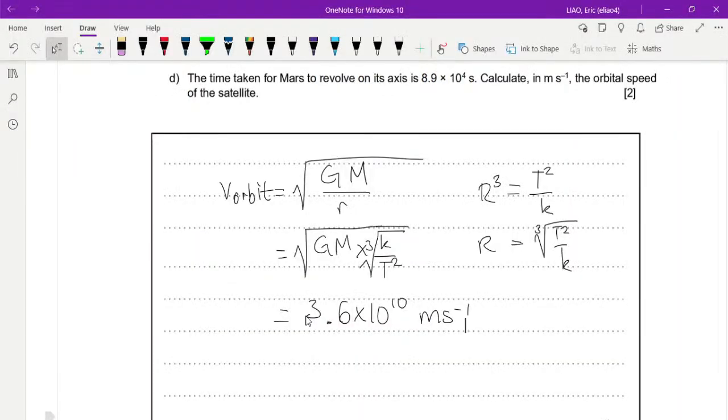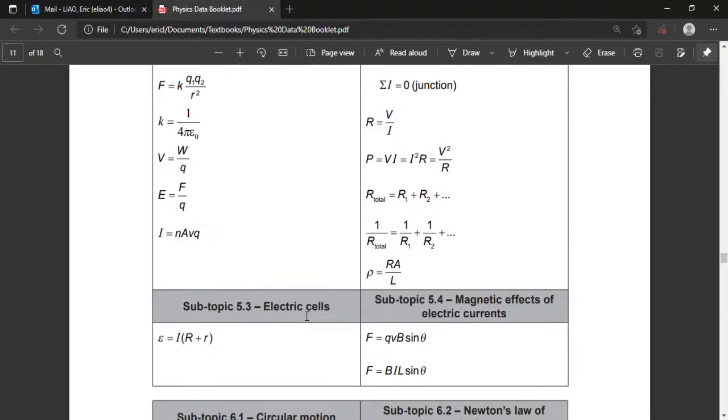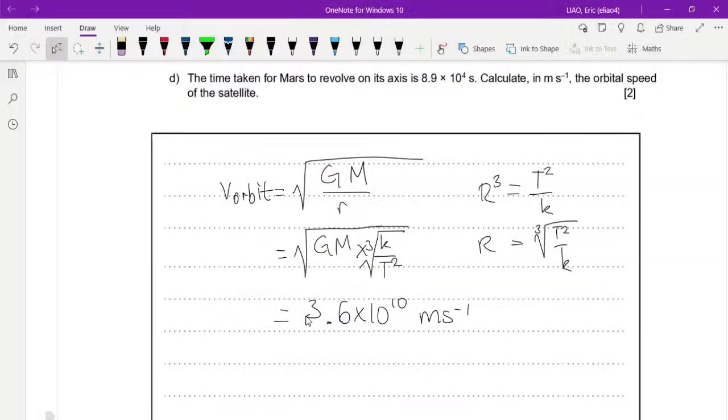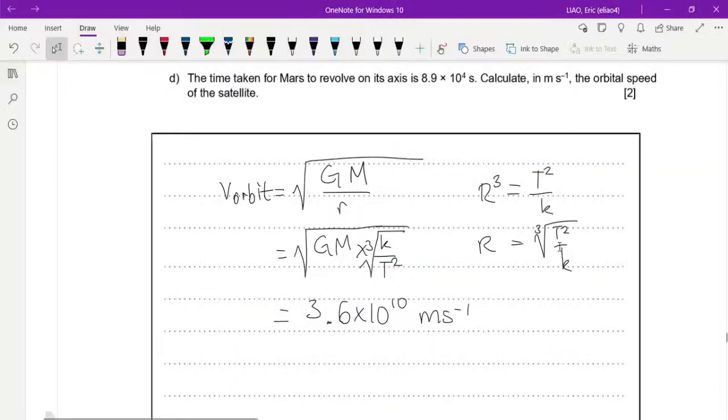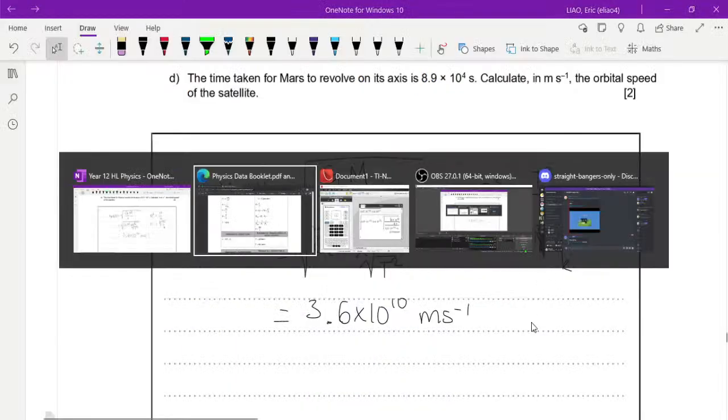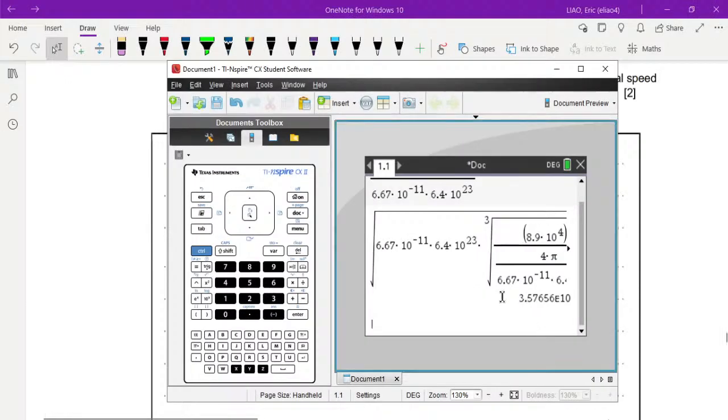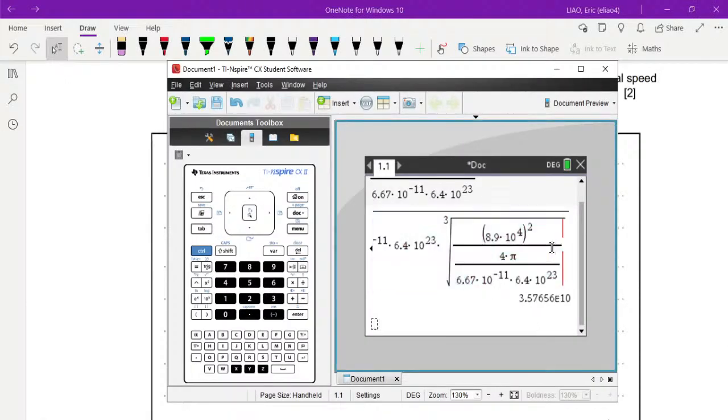Quite the worry to have such a value. Did I put t squared at the top of this? Yes, I did.